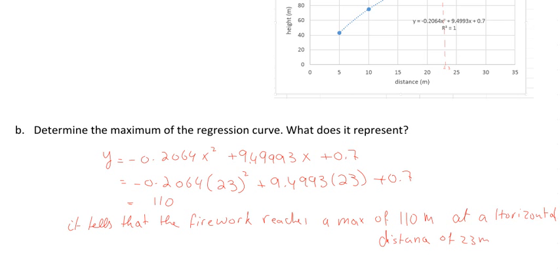Because it's 23 for the x, that's a horizontal distance, and 110 meters for the y, which is the height.